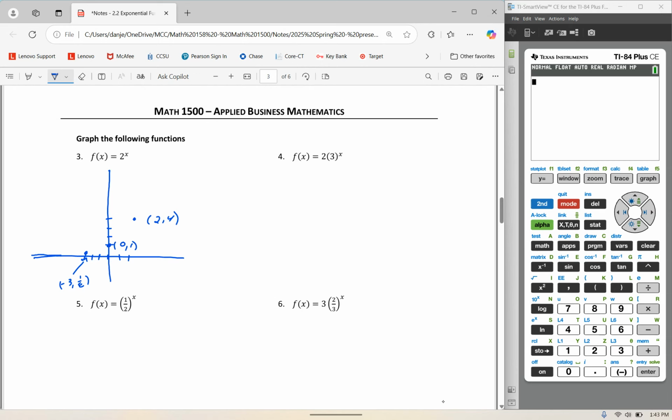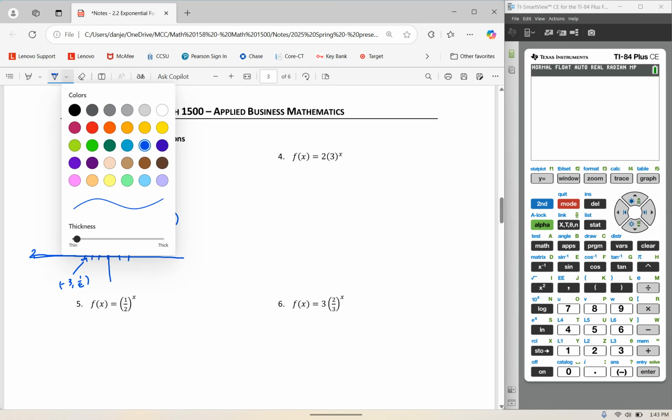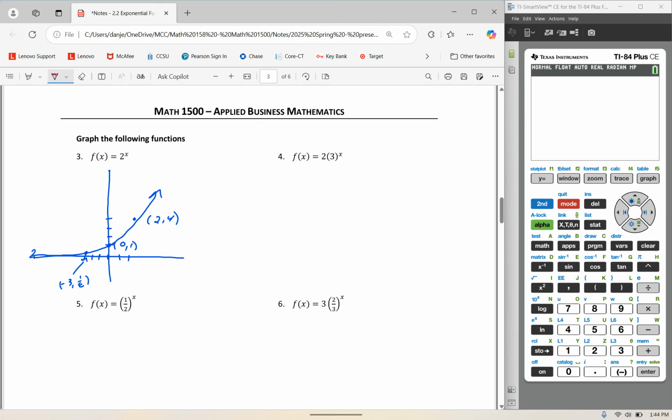What you'll notice is that the graph increases exponentially. It increases at a faster and faster rate. Now, going back here, the graph will get lower and lower and lower, but it's never going to even get to the x-axis. The x-axis is a horizontal asymptote.